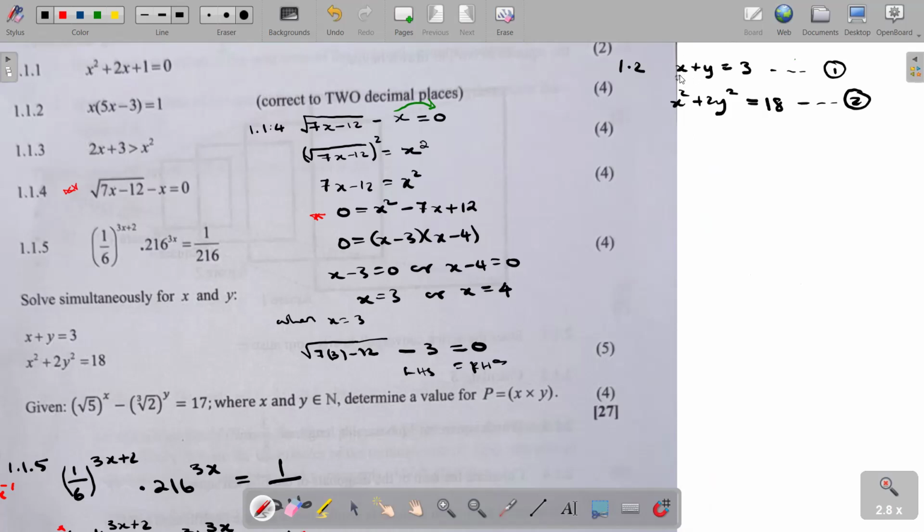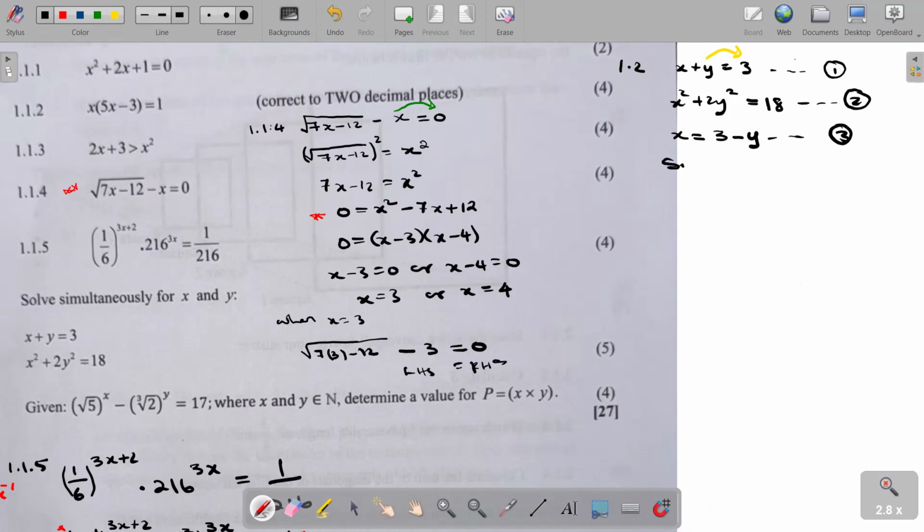So using equation 1, we can make x subject of the formula. It means we are going to transpose y to the other side. So that becomes 3 minus y. Then this becomes our equation 3.